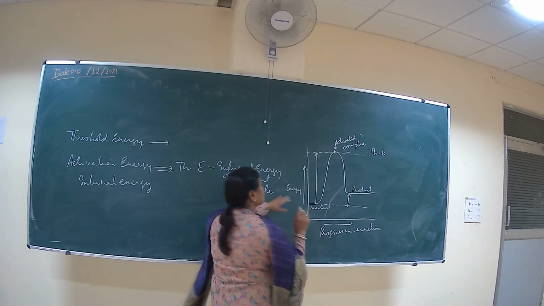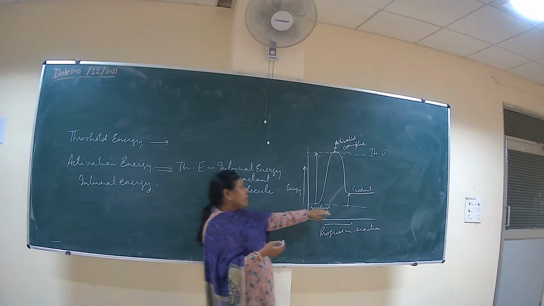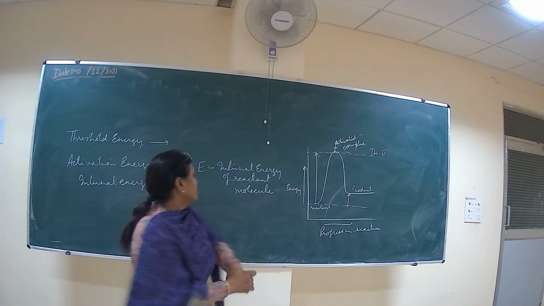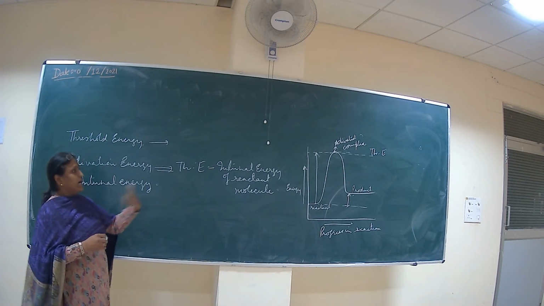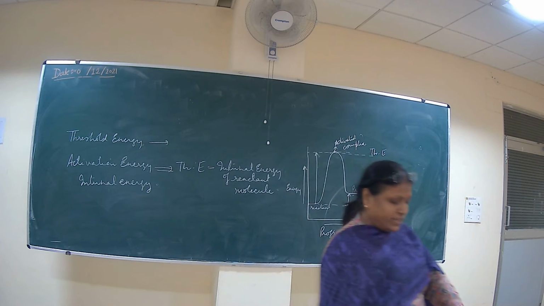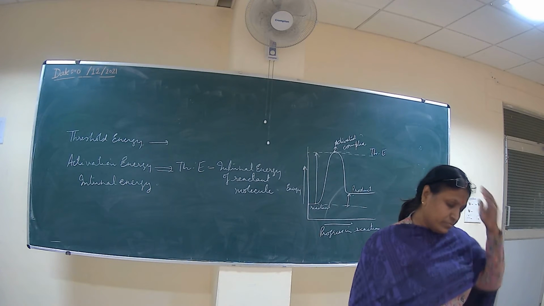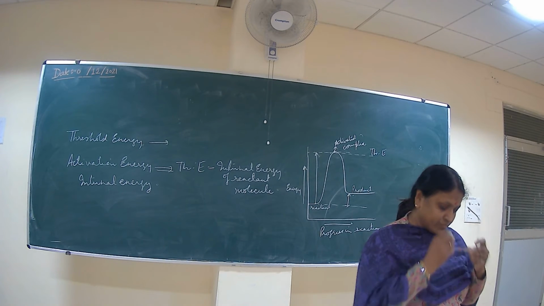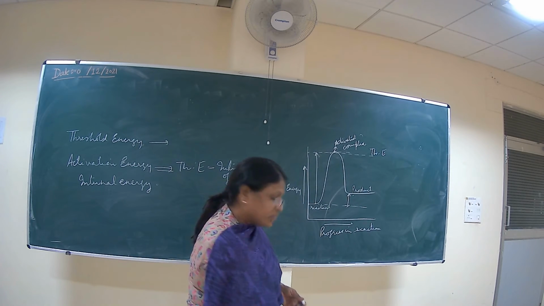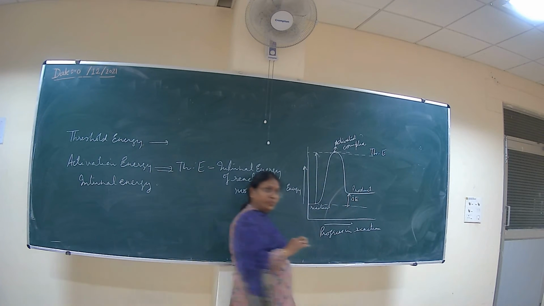So here, and for the endothermic reaction where the reactant has the more energy and product has the large amount of energy for the formation of the product, and we have to supply the extra energy for the formation of the product. Okay. So in this case, so this is the delta E. Okay.